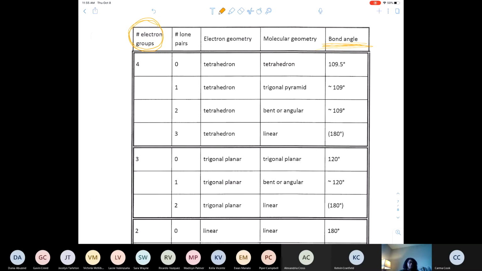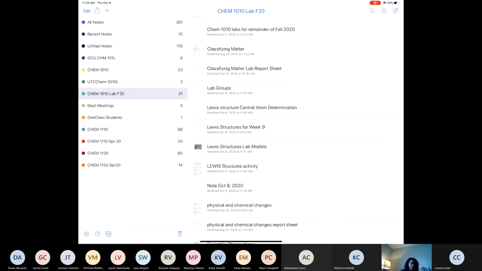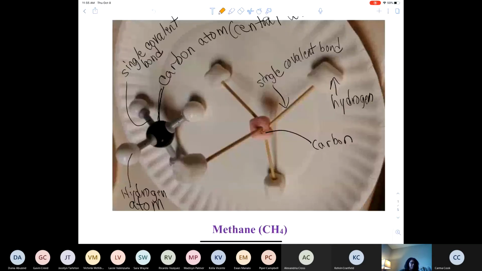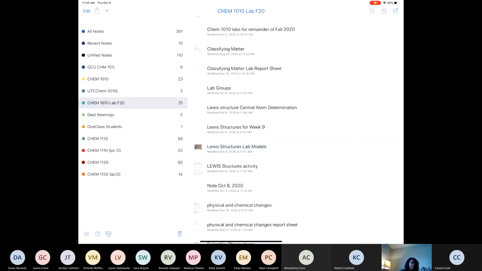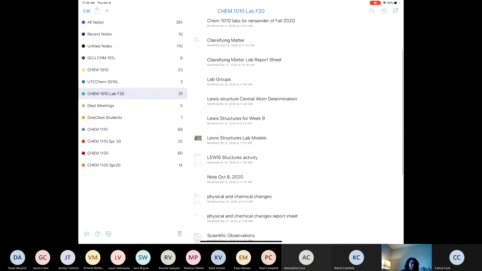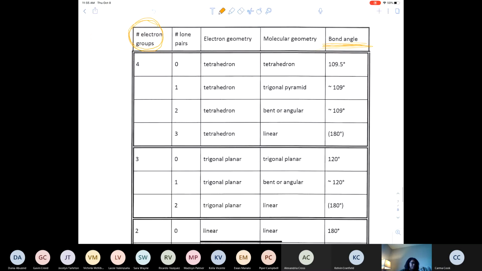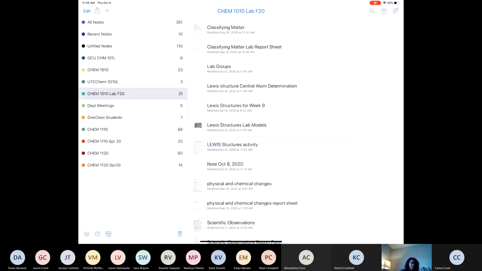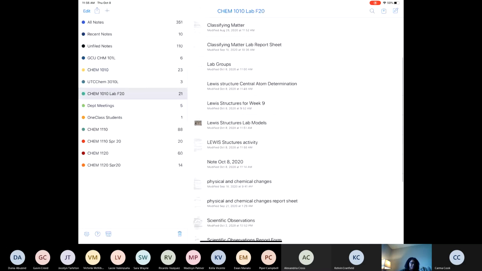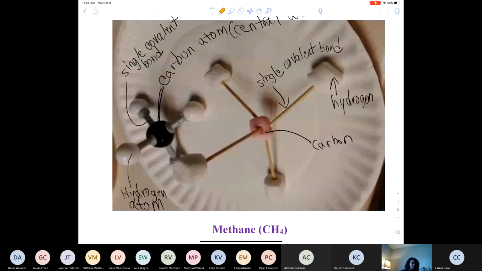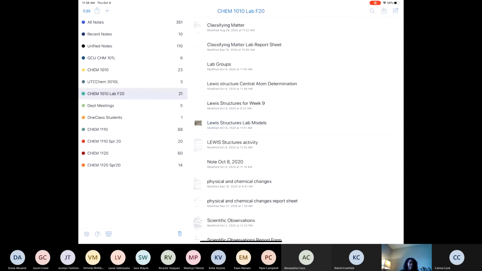I'm having trouble. My Notability document is frozen again. Come on. It's not letting me move the screen. Oh, goodness. Technology. It will not save us. It will let you down sometimes. I may have to log out and come back in again.